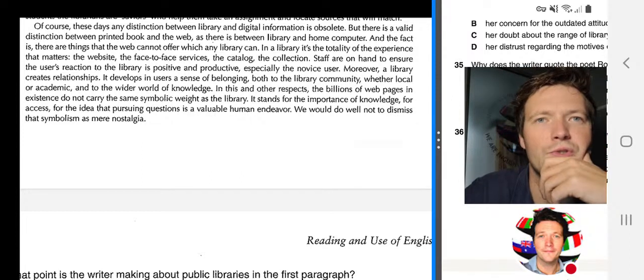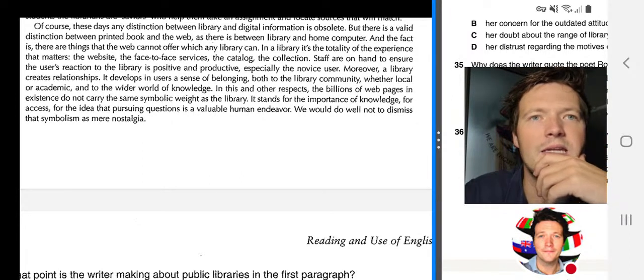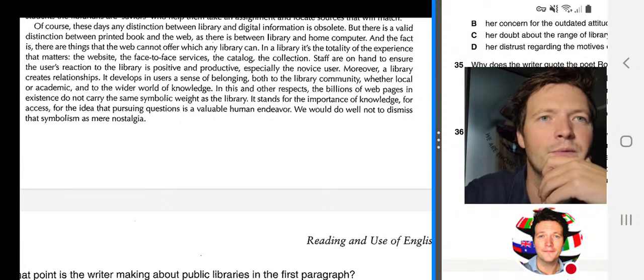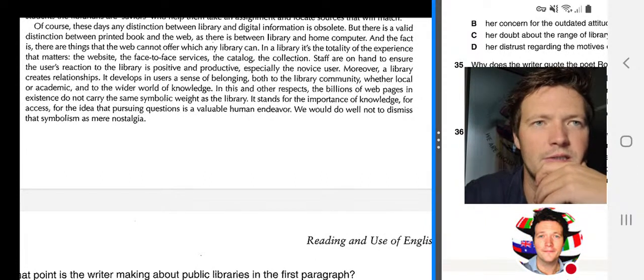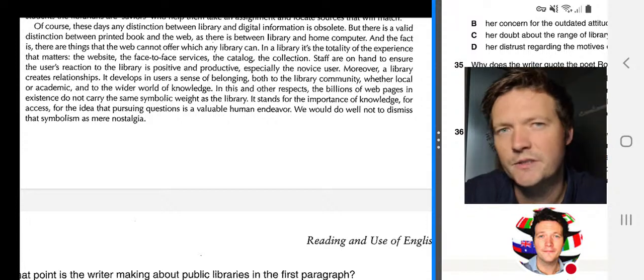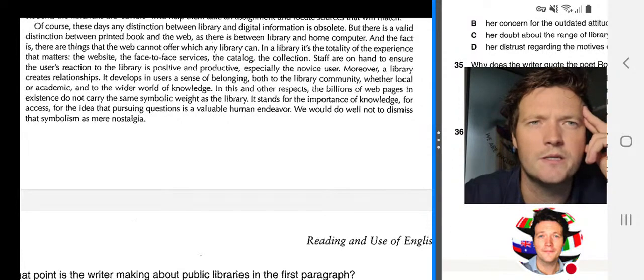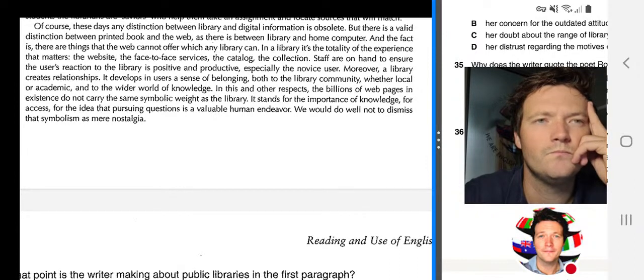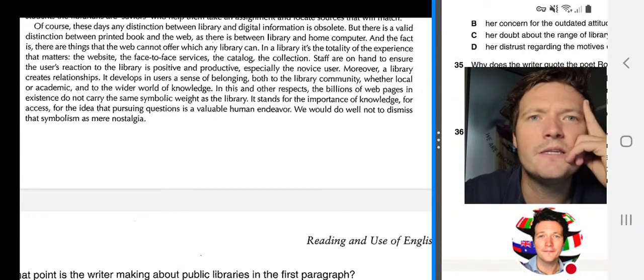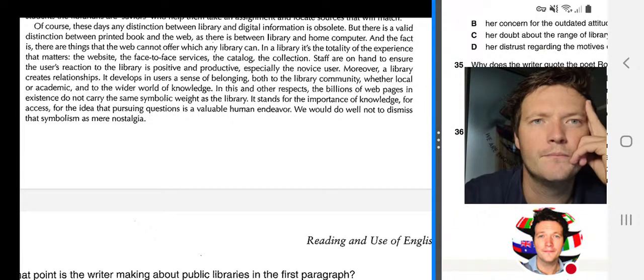Of course, these days, any distinction between library and digital information is obsolete. There's no comparison to be made anymore. It's not necessary. It's silly. But there is a valid distinction between printed book and the web, as there is between library and home computer.